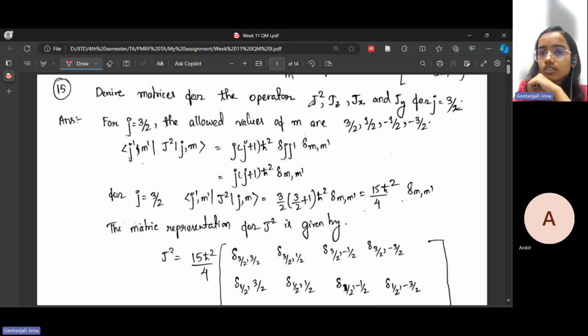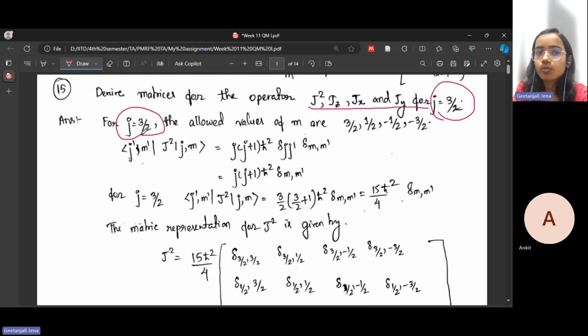The question is asking about the matrix representation of these operators when j equal to 3 by 2. First, you have to see the dimensionality of the system. When j equal to 3 by 2, the dimensionality will be 2j plus 1, which is 2 into 3 by 2 plus 1, so it will be 4. You will get a 4 cross 4 matrix.